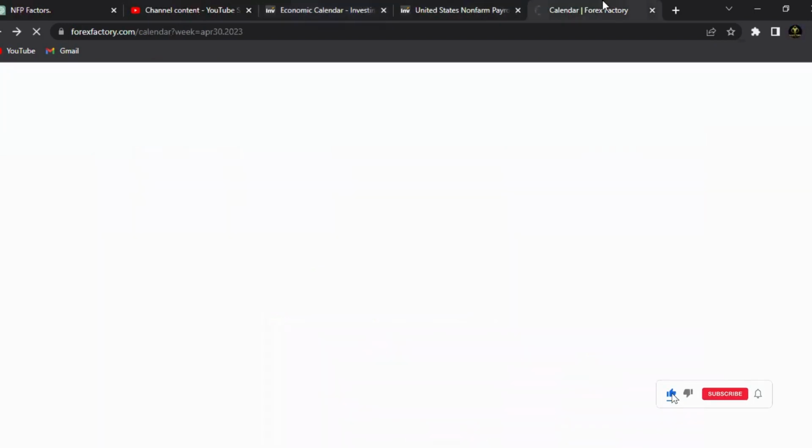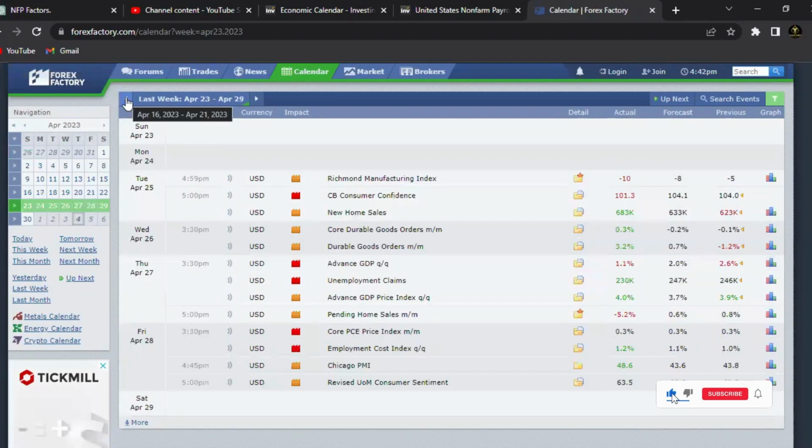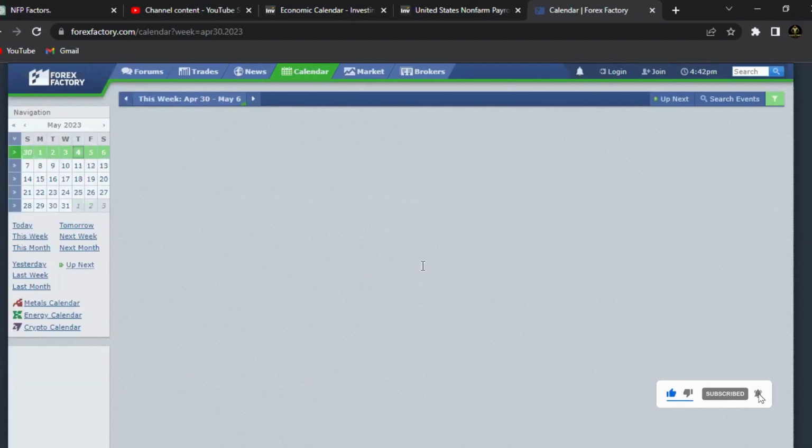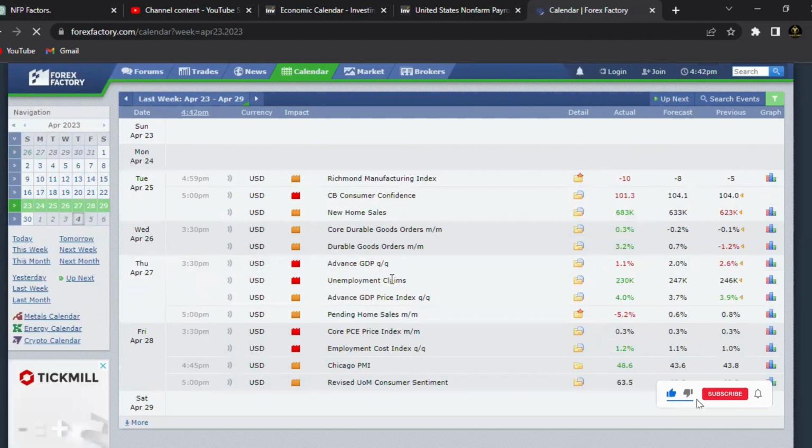Another major indication is initial jobless claims, which come out on the week of the NFP or the previous week. As we can see here, this week it's not here, so it came out last week. Unemployment claims right here, you can see unemployment claims came out at 230.